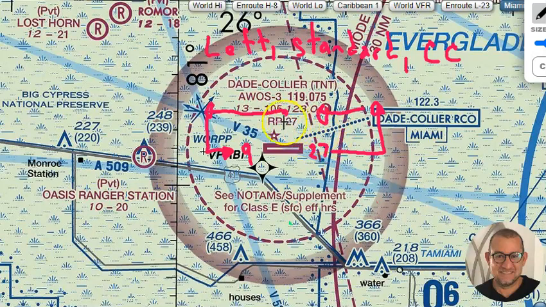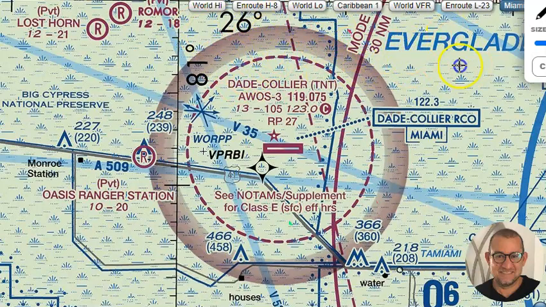Now, nowhere on this sectional chart does it say that you're making left turns. It's the opposite. So left turns are the default. That's what we always assume. When we get into a non-tower airport, we assume we're going to make left turns.